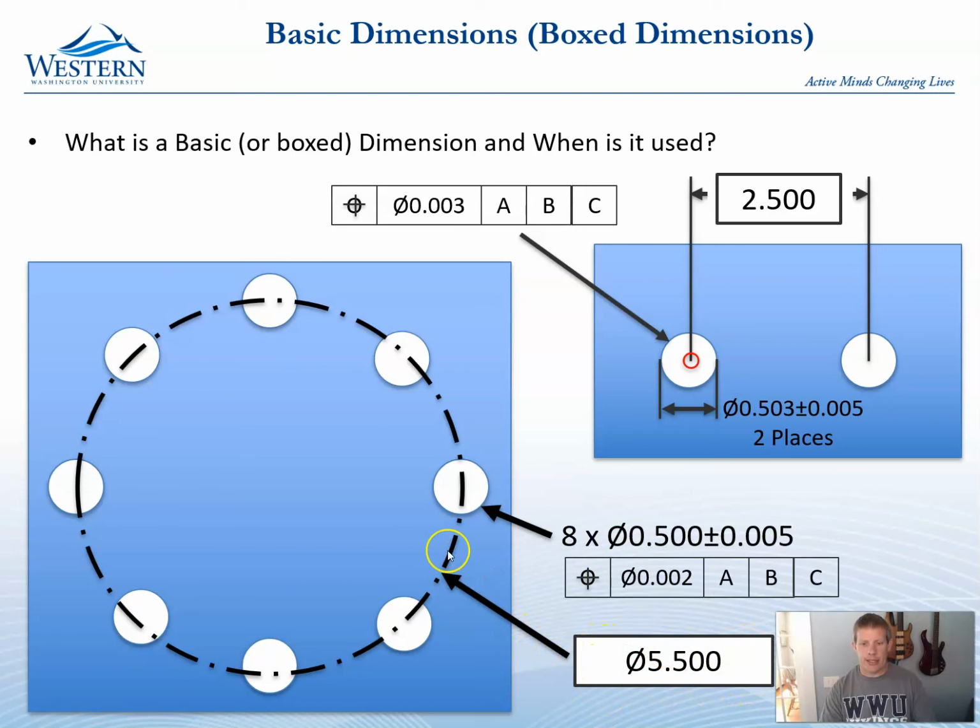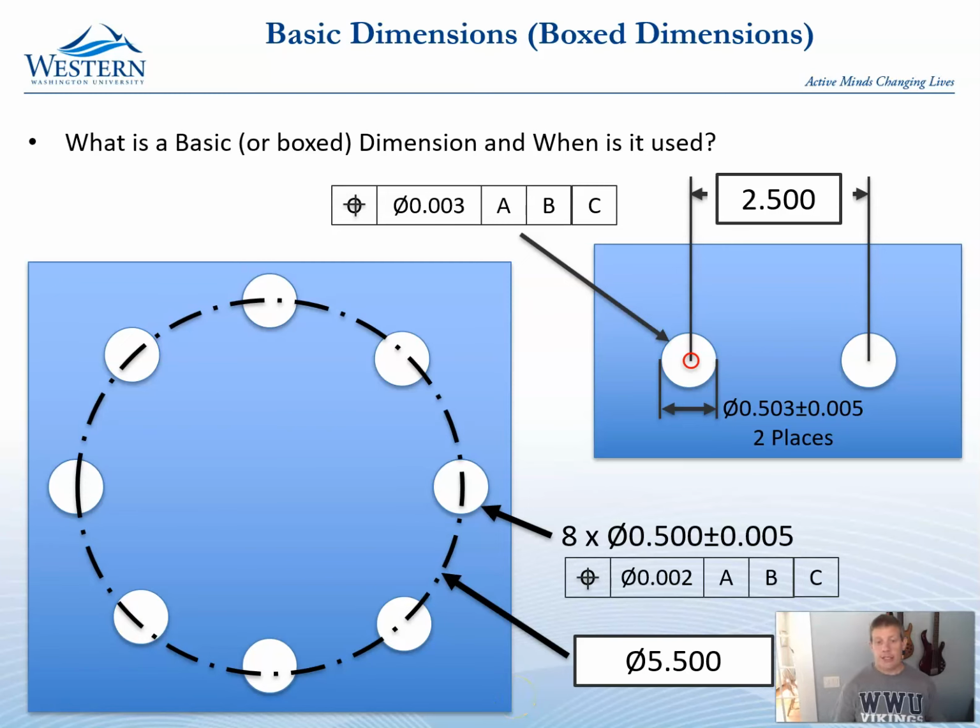It says, okay, this is a perfect circle. This is a datum circle that is 5.5 inches in diameter, and then the center of each one of these holes is a true position and lies in a little tiny circle around the center.